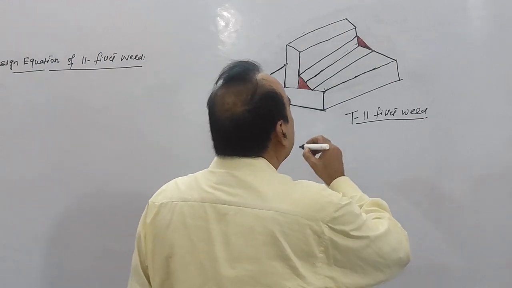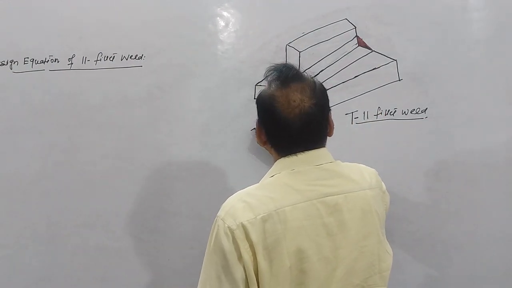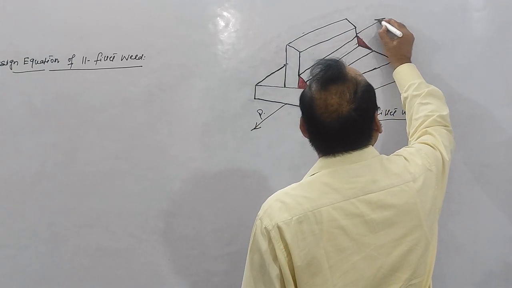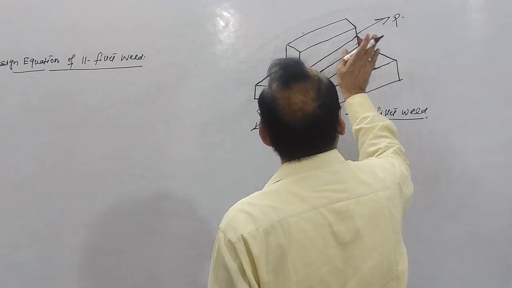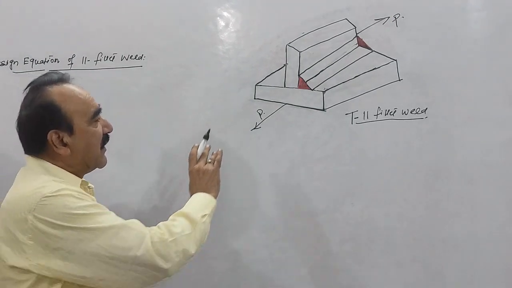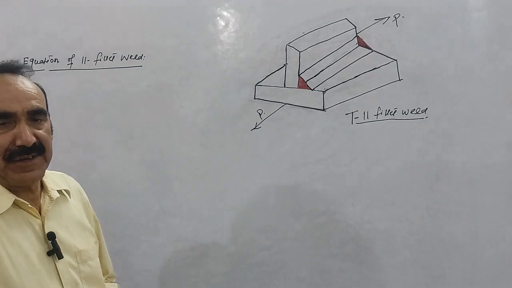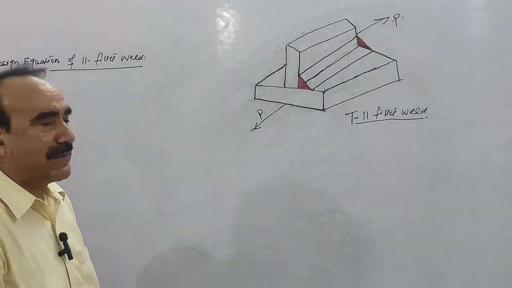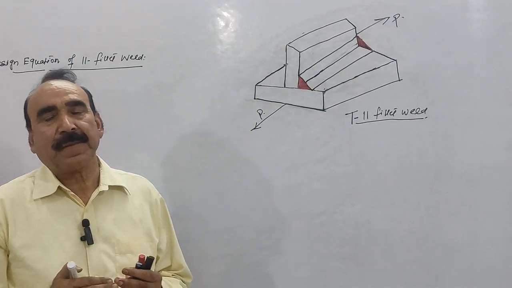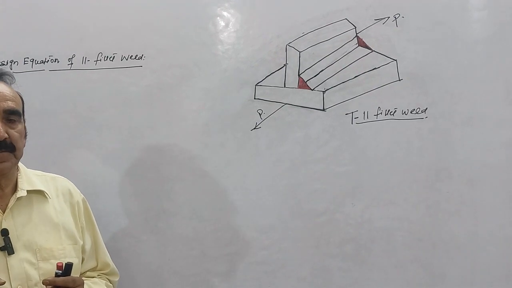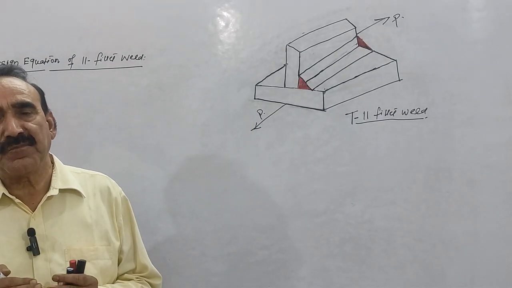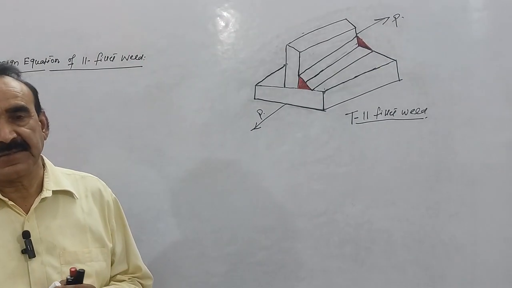This is your T, and this is your force P. The force P is applied here, in the x direction. If you see the plane of the weld in the T joint, why have I taken the T joint? Because I want to show you that there are different types of planes: the horizontal plane, the vertical plane, and infinite numbers of planes at different angles, right?